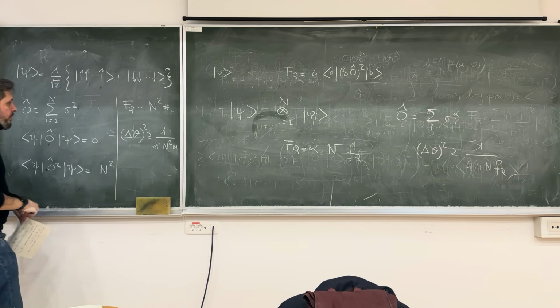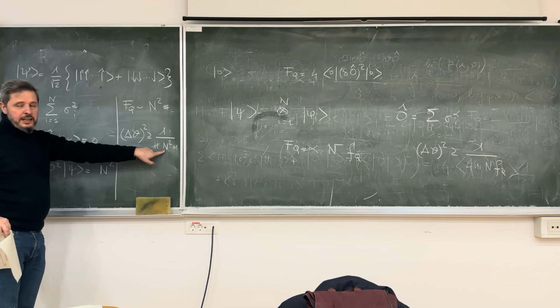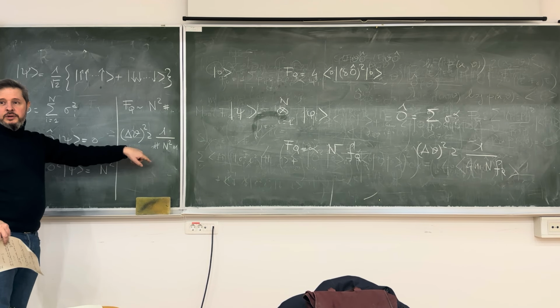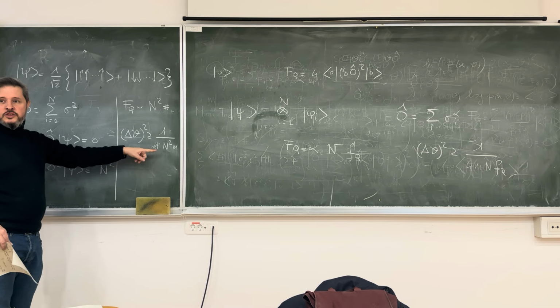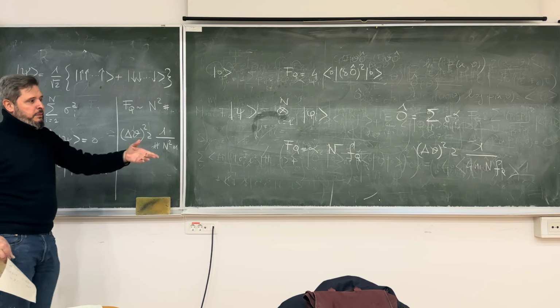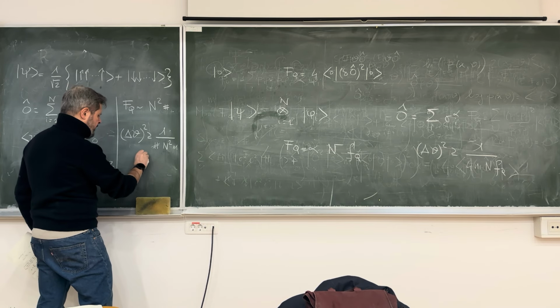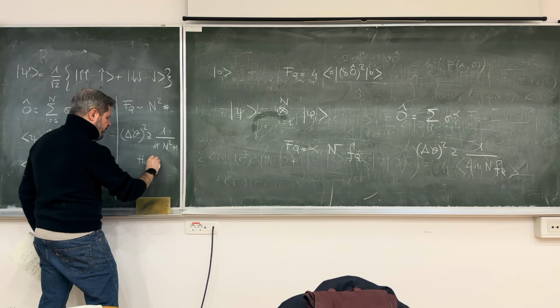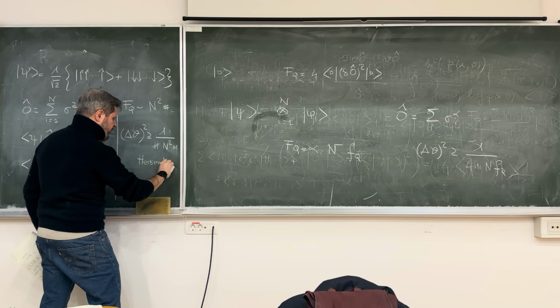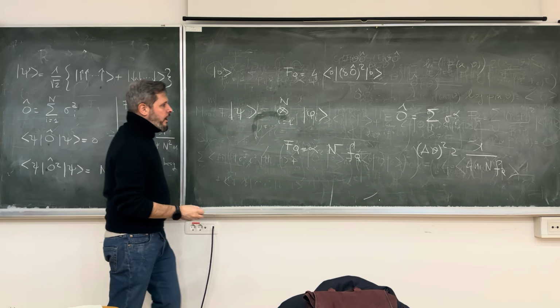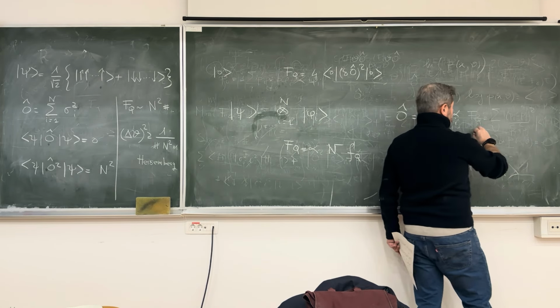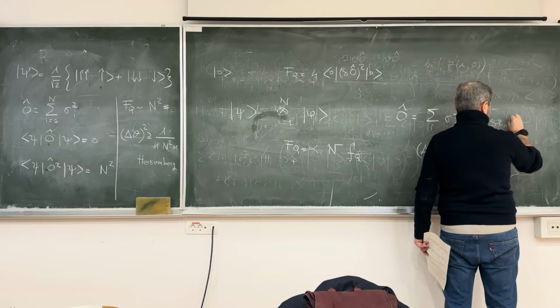Okay, so this limit in which the best accuracy is bound by 1 over n squared, which is a much lower bound than that one, is called the Heisenberg limit. Well, this one is called the shot noise limit.